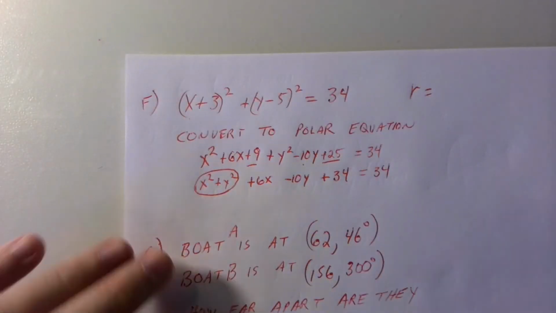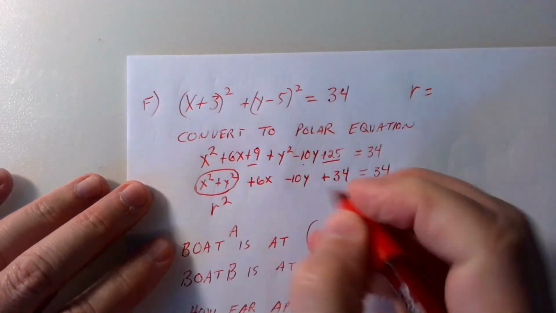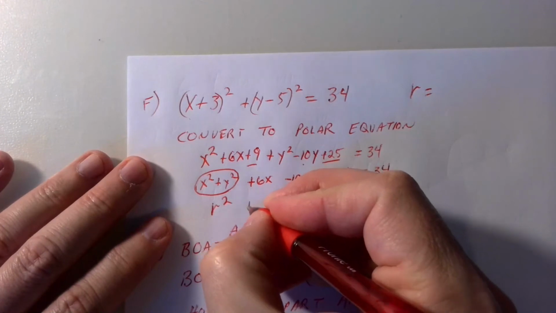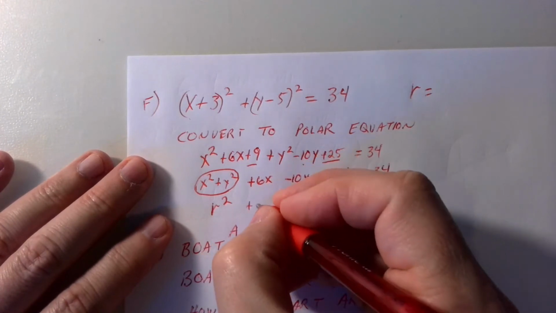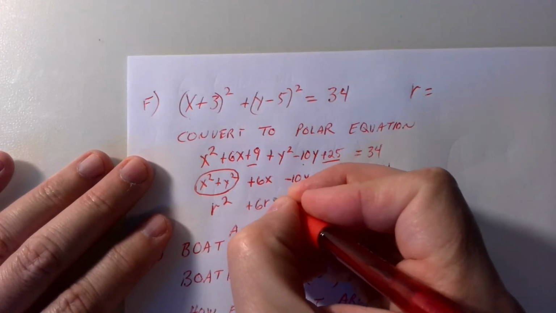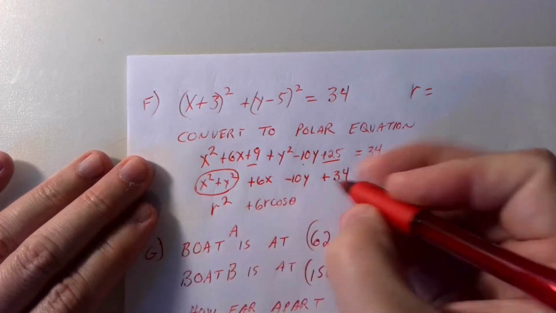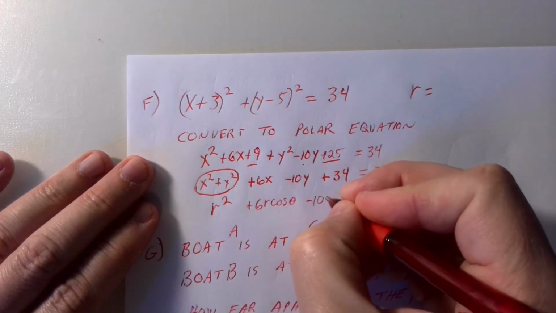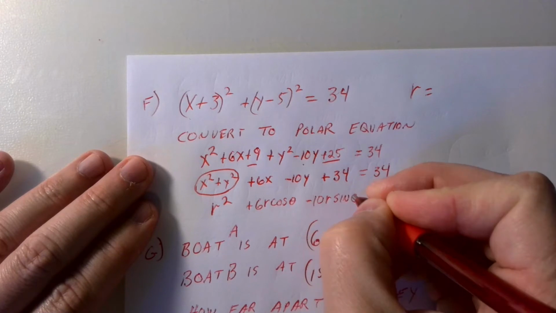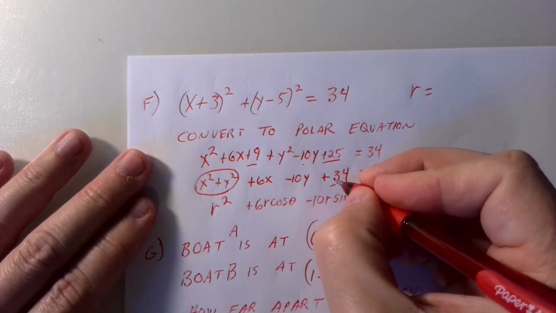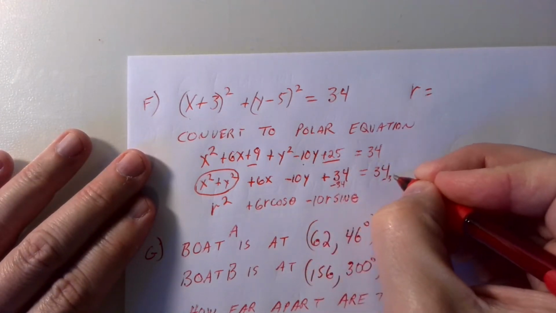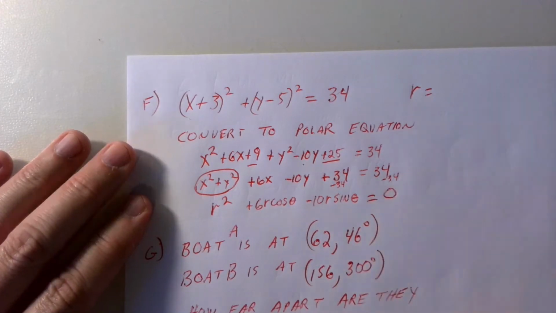Cool. So look at that. So I can rewrite this as r squared. I can rewrite this as 6x, so that's 6r cosine theta minus 10r sine theta. And I subtract this 34 from both sides. Subtract this 34, and I equal 0.